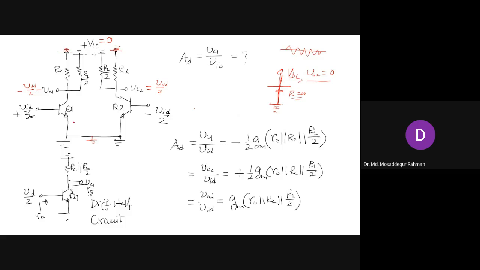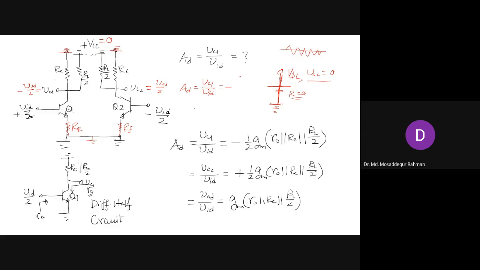So now you can also have resistance in the emitter for this case, as we have discussed before, right? Then you just have the modification in the gain expressions. Therefore, with resistance, that will be VC1 by VID. So that will be resistance in the collector divided by, with a minus sign for VC1.